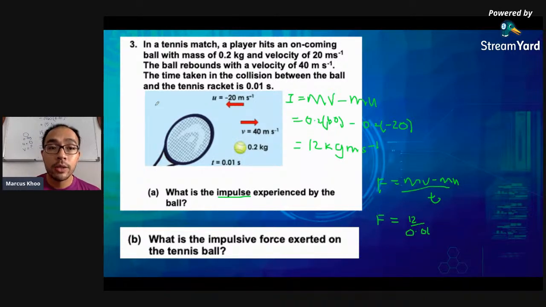So this is another example of use for impulsive force. You want to hit the ball with the shortest amount of time possible so that the ball can go far. So 12 divided by 0.01 is 1,200 newtons. 1,200 newtons is a very big impulsive force.